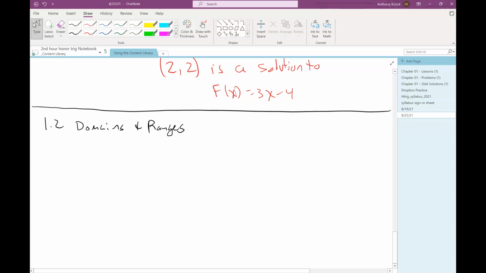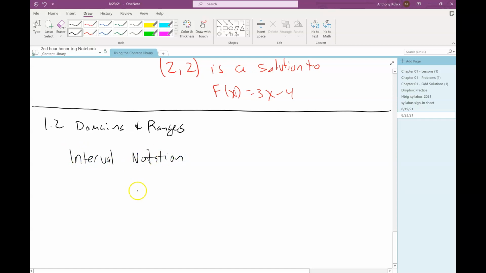Otherwise, if the sets are discrete, like there's gaps in between the values, you'd want to use your normal set notation. But for the most part, in your high school class, the sets you deal with are kind of continuous. They're connected together. So let's just talk about how to write interval notation.